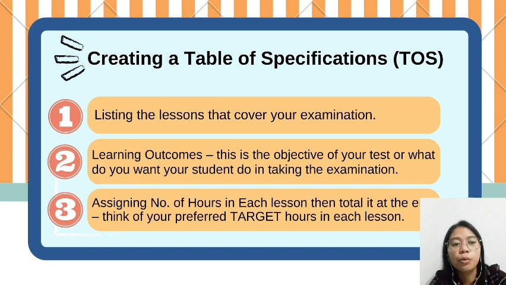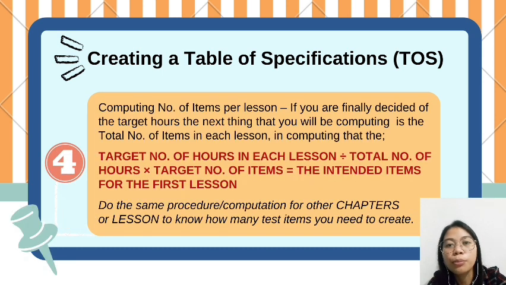And for the third one, you have to think of your preferred target hours in each lesson. So assigning number of hours in each lesson will be the next step, and you have to total it at the end.